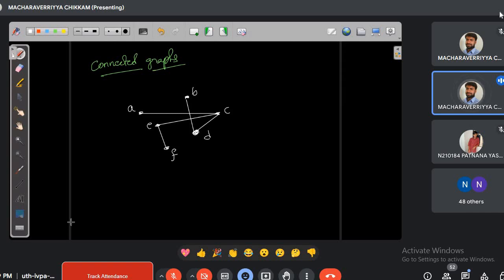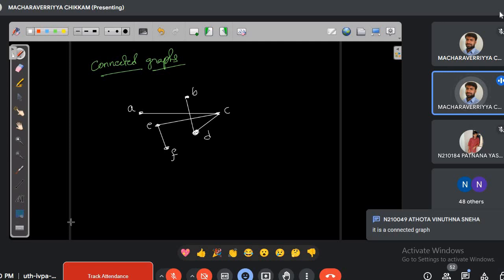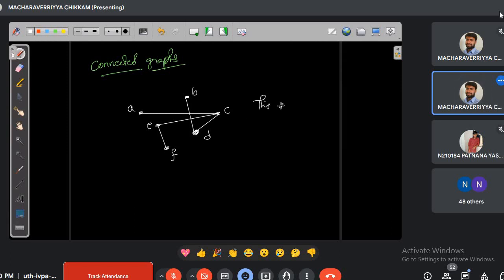But a connected graph means there is a path between any two distinct vertices. Okay, now you tell me, is it connected or not? Yeah, so this is connected, isn't it? So this is a connected graph.